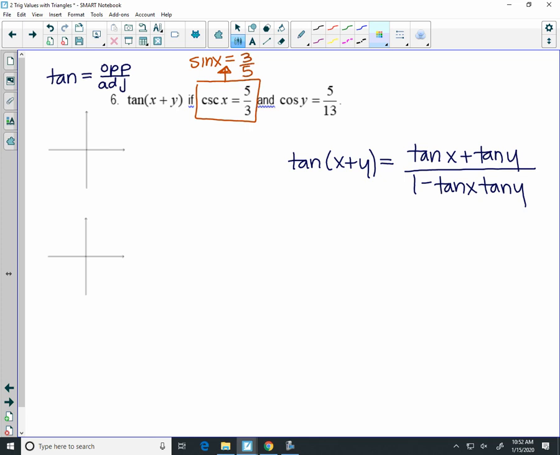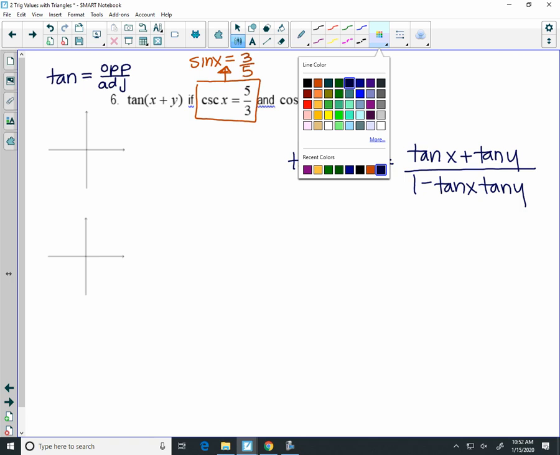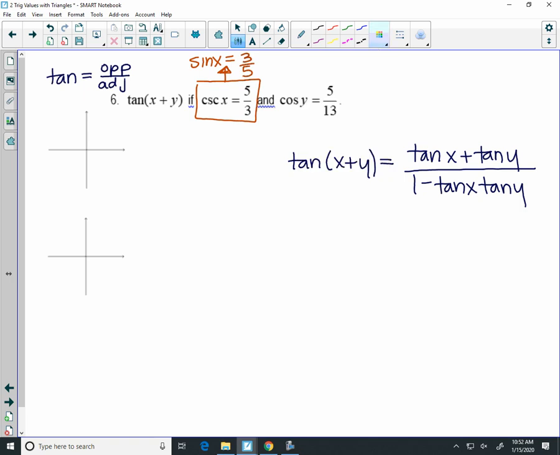All right, let's do our first triangle. So we're going to make a triangle for x, and we're going to make a triangle for y. We've already started our triangle for x by just flipping that there for 3/5. So sine is 3/5. So that's opposite over hypotenuse. Oh, hey, what's our adjacent leg? 4.